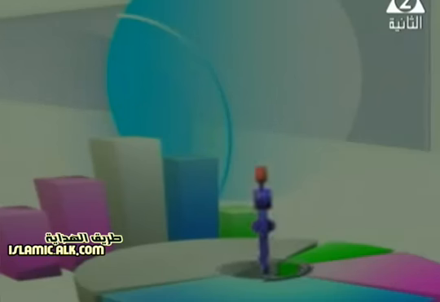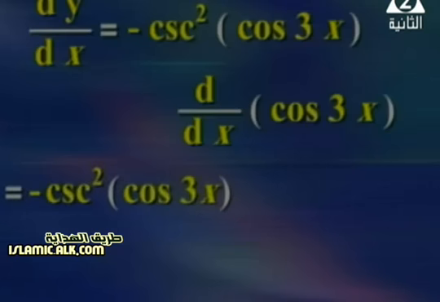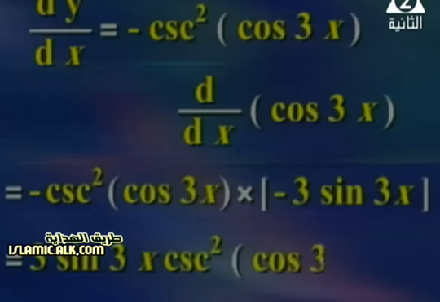Now we demonstrate another example. Find dy by dx if y equals cot of cosine 3x. Remember, dear student, dy over dx equals negative cosec squared (cos 3x) times the differentiation of cos 3x. Why?